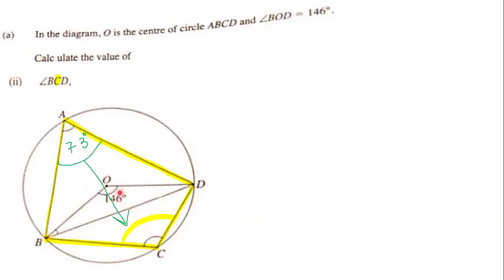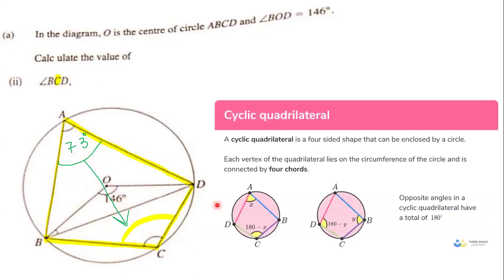Now, what do we know about opposite angles inside a cyclic quadrilateral? Well, there's a theorem for that. A cyclic quadrilateral is a 4-sided shape that can be enclosed by a circle. Each vertex of the quadrilateral lies on the circumference of the circle and is connected by 4 chords.